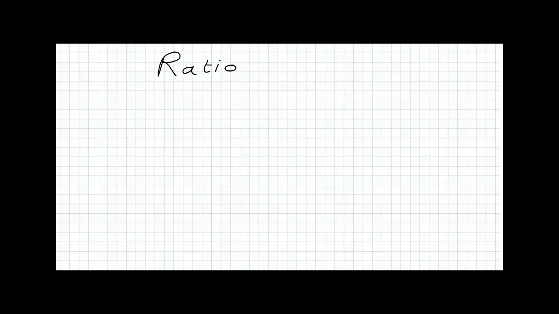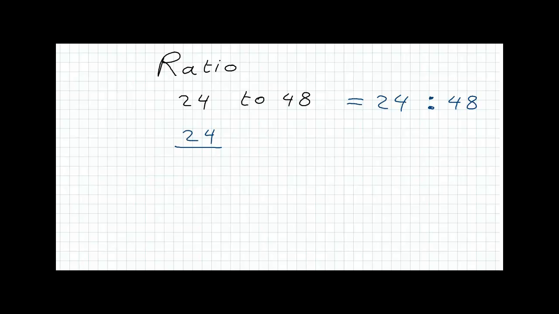For example, if we want to compare 24 to 48, we can write it in this way: 24 to 48. And also we can write it as a fraction. So the first quantity is divided by the second quantity.